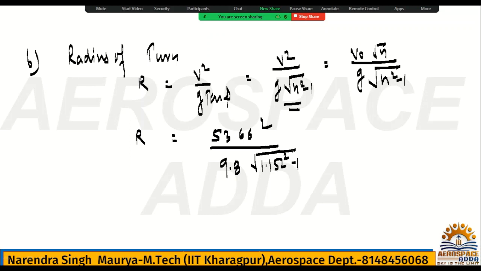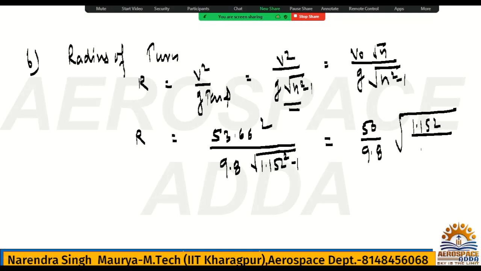If someone is not using this formula, then this is nothing but V naught square, 50 square, into 1.152 divided by 1.152 square minus 1.